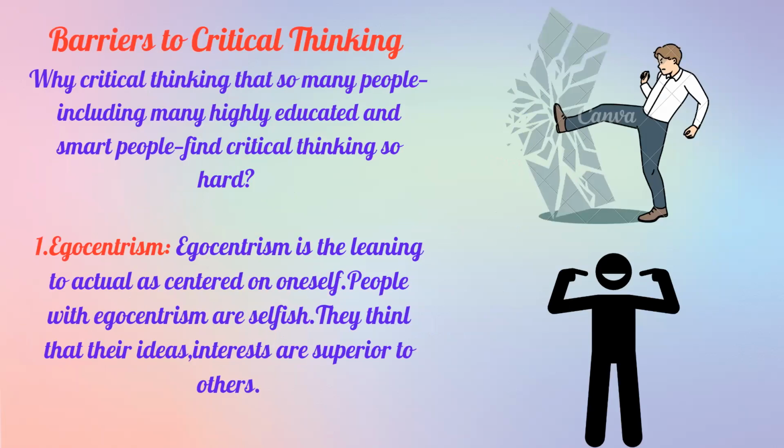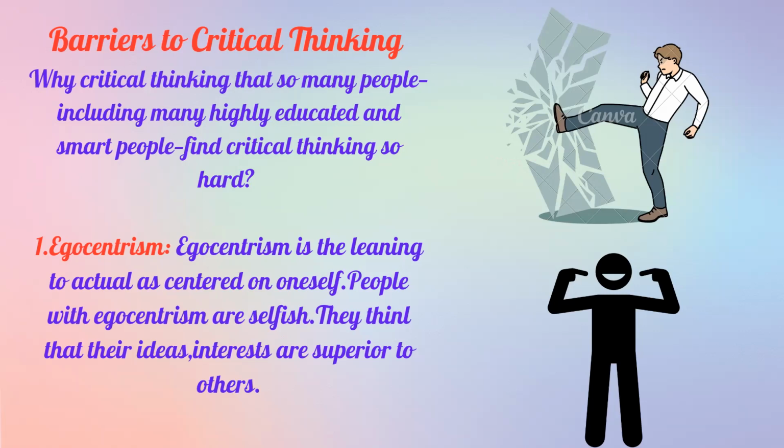Let's look at why so many people, including many highly educated and smart people, find critical thinking so hard. There are some factors. The first one is egocentrism. Egocentrism is the tendency to act as the center of oneself.